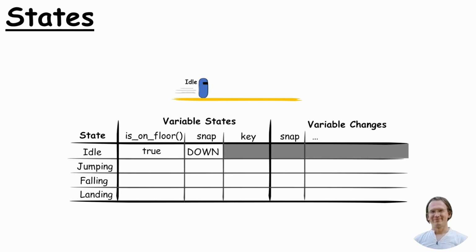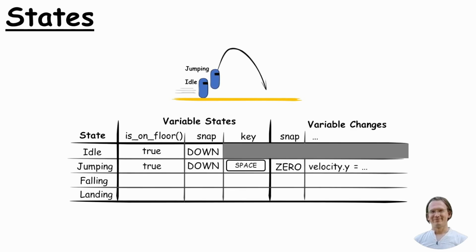For idle, we have isOnFloor is true because we're on the floor, and we also snap down. There's no key being pressed and we don't change anything because we are idle. Then when we press the space key, we need to set the snap vector to 0 because we want to leave the floor, and manipulate our velocity y value because we want to move the character upwards.